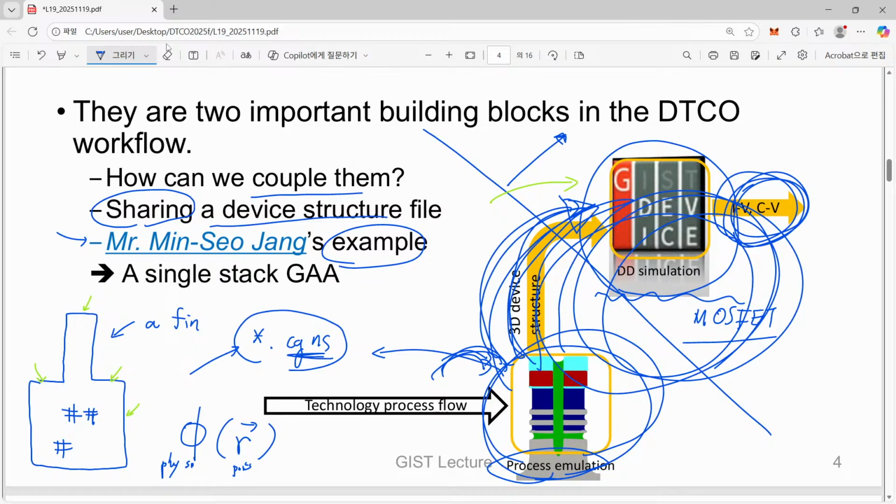Today I will show you a simplified procedure to make a certain three-dimensional structure, but that is not my main point. Once we have a simple device out of Armstrong craft, we will convert it to another device structure suitable for device simulation. That file conversion is the important thing we will discuss in today's lecture.